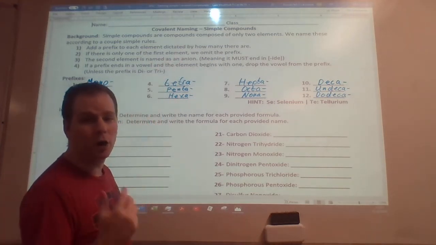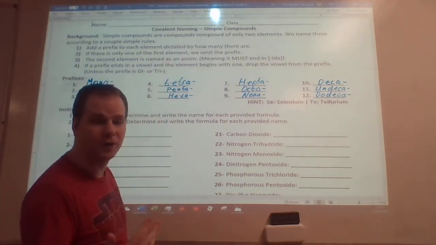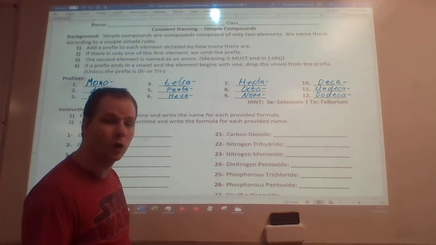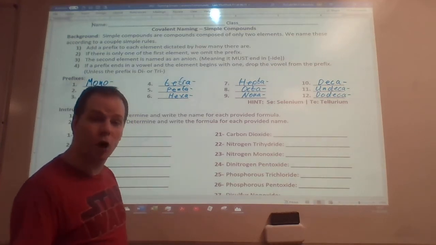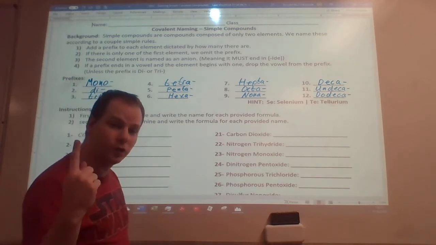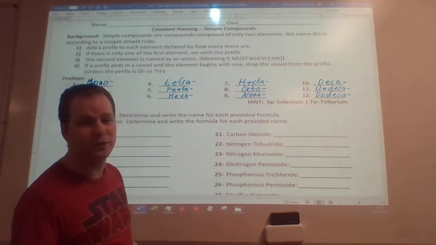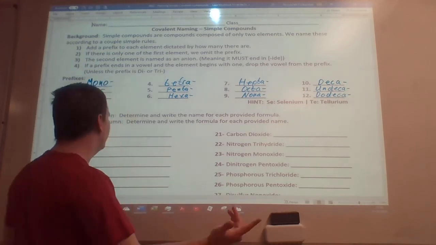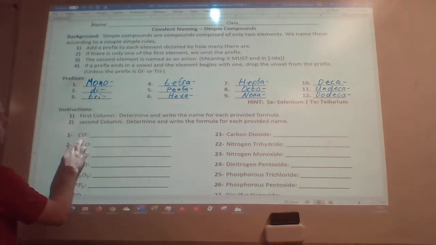This is why carbon dioxide is not called monocarbon dioxide. It's just carbon dioxide, because there's only one of the first element, so we don't state it. Kind of like we don't put ones as subscripts. So it would not be monocarbon monooxygen. It would be just carbon monooxygen.